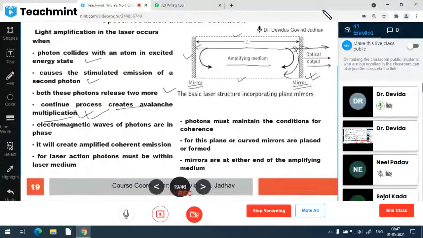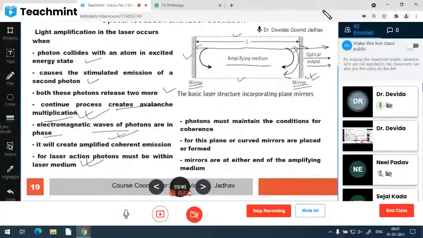These electromagnetic waves of photons are in phase. All the photons are in coherence, and it will create amplified coherent emission. For laser action, the photon must be within the laser medium, and this is made possible by mirrors.